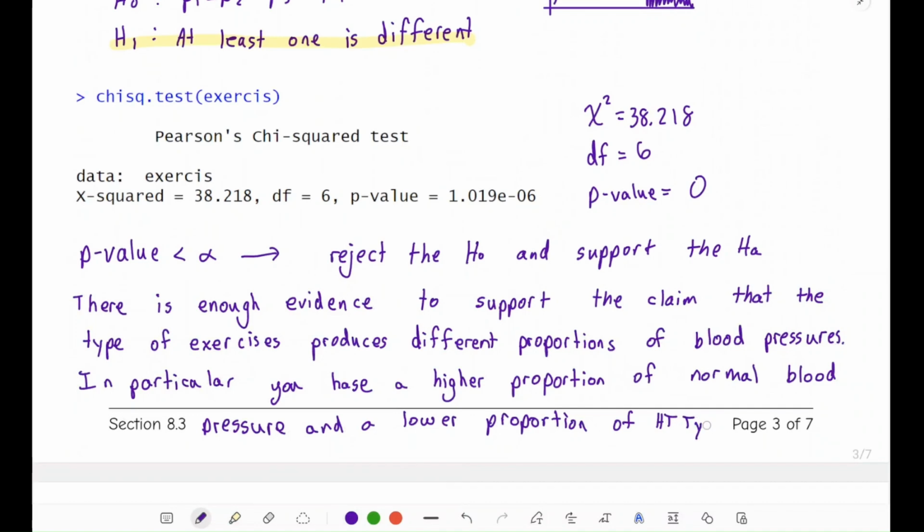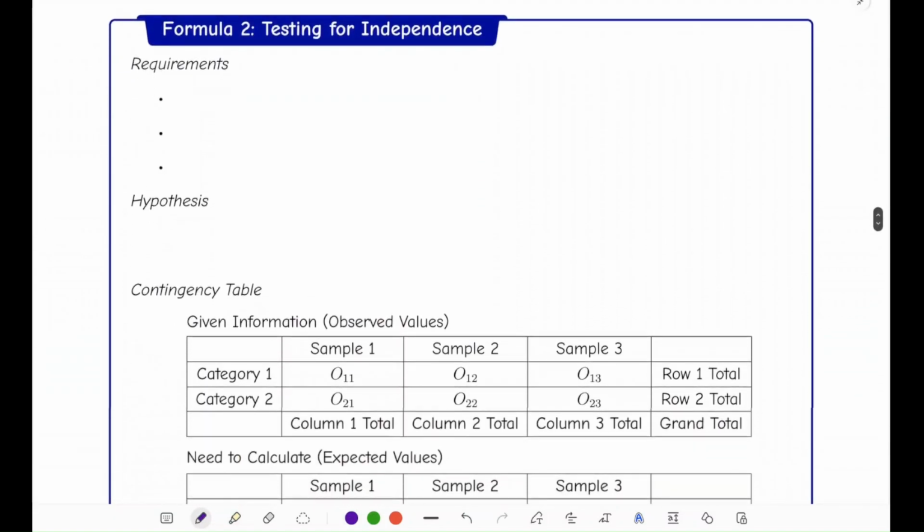I'm abbreviating there because I'm running out of room. Also, aerobics has a lower proportion of normal blood pressure. And that's it for example 2. I'm going to be making one more video to talk about the testing for independence.